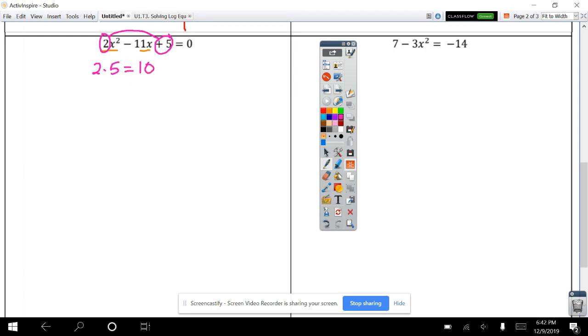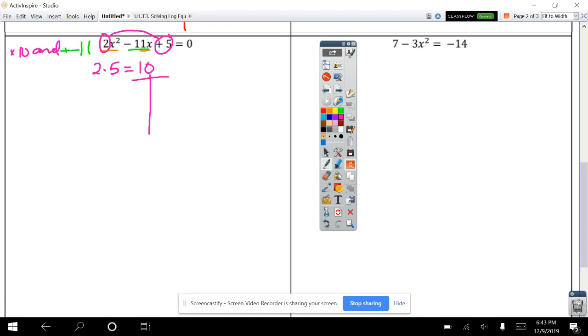So actually, my next step is to use 10, find factors of 10. So I'm looking for 2 numbers that, let me write it over here. I want to multiply to 10, and I want to add to negative 11, because that's my number in the middle. So I'm looking for numbers that multiply to 10 and add to negative 11.